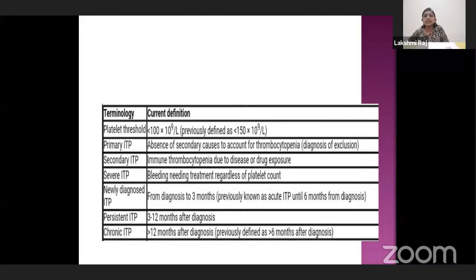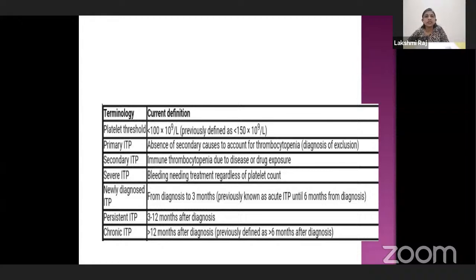Then secondary ITP means immune thrombocytopenia due to disease or drug exposure. I told before what the causes of immune thrombocytopenia are. It can be because of SLE, APLA syndrome, or certain drugs like heparin. All these can cause immune thrombocytopenia, and these are all secondary immune thrombocytopenic purpura.